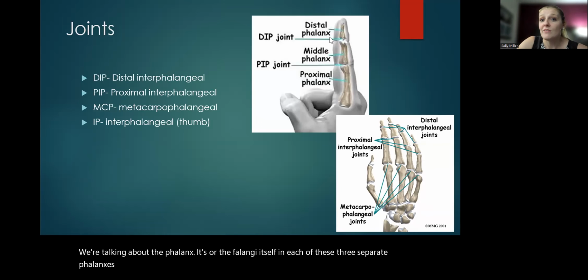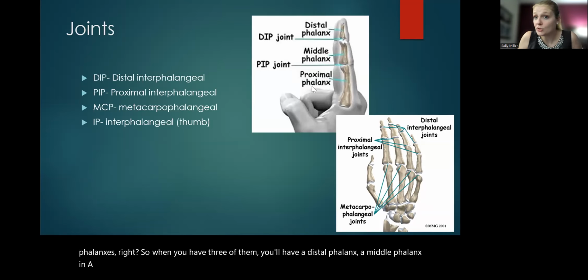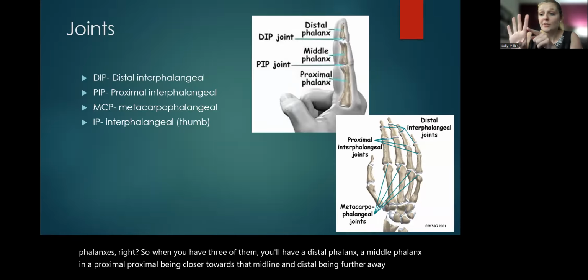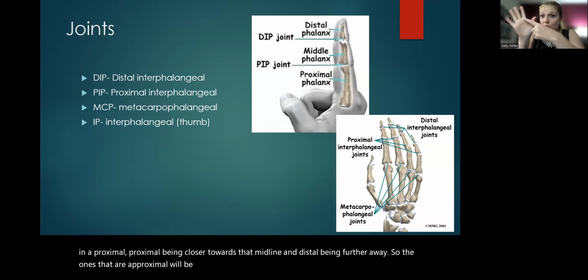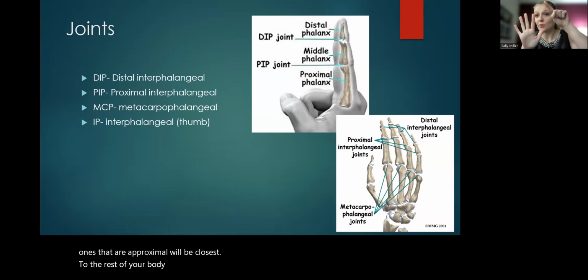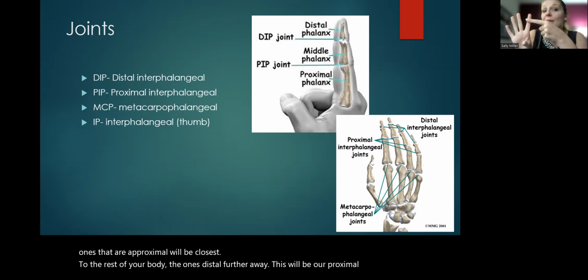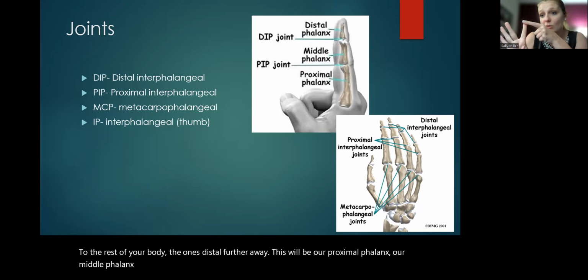So when you have 3 of them, you'll have a distal phalanx, a middle phalanx, and a proximal. Proximal being closer towards that midline and distal being further away. So the ones that are proximal will be closest to the rest of your body. The ones distal further away, this will be our proximal phalanx, our middle phalanx, and our distal phalanx.